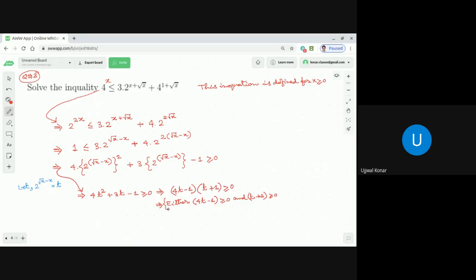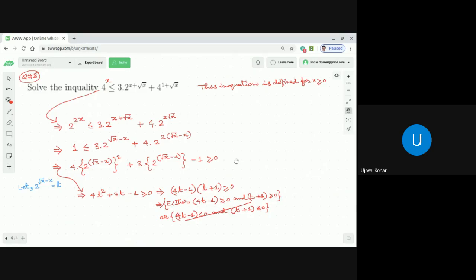Or 4t minus 1 less than or equal to 0 and t plus 1 is less than or equal to 0. Now t plus 1 less than or equal to 0 is not going to be possible, because t is equal to 2 to the power root x minus x. So this particular case is not under consideration.